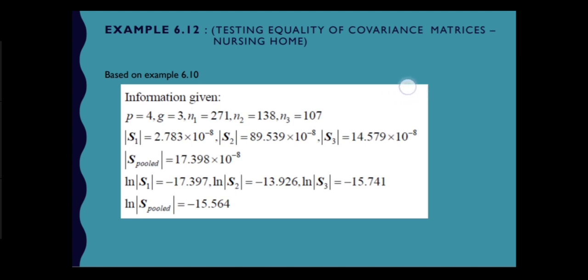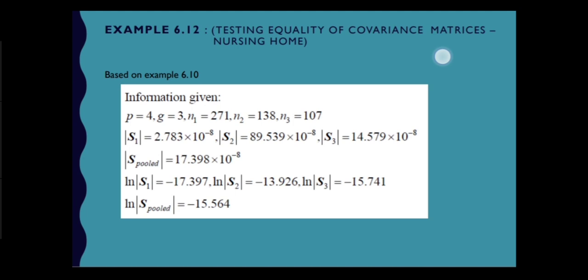So this example we refer from the previous example 6.10, from which we have all the information about the p, g, of course the sample size for every population, and the variance covariance matrix for each of the populations. And then also we have the value of S pool. So we need all of this to calculate the U and M.